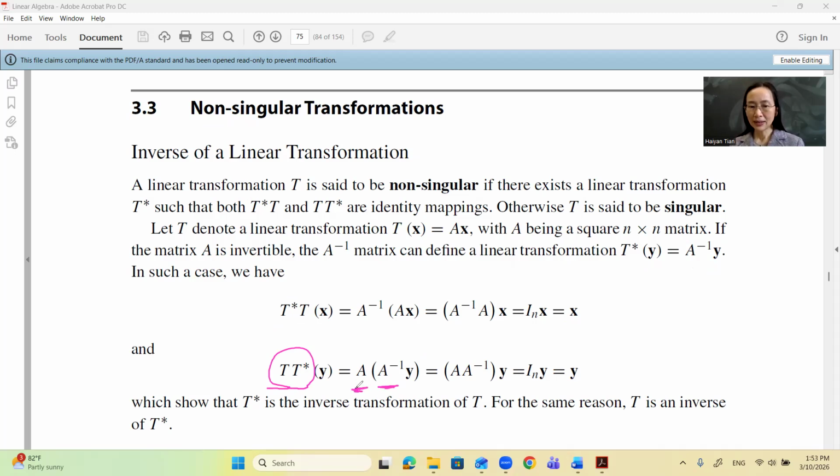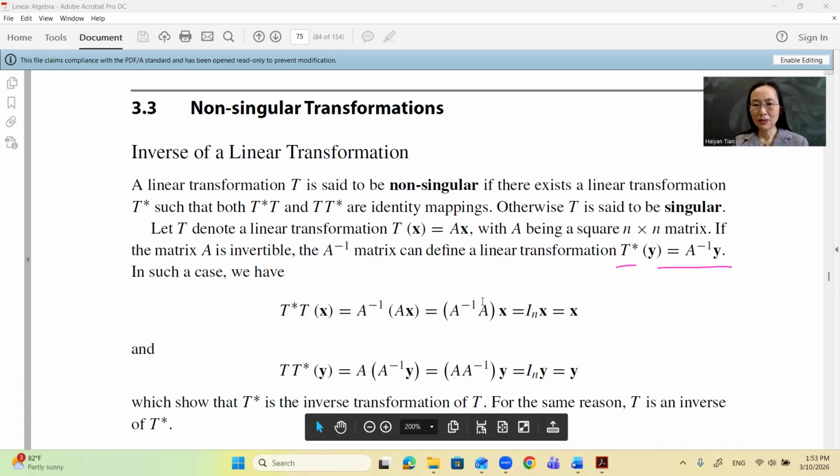Then T is A. So we can verify T star will be a transformation with the transformation matrix A inverse. So that's obviously an identity matrix. So therefore, this mapping is an identity mapping because an identity matrix corresponds to this mapping, TT star. So therefore, TT star is an identity mapping if T star is chosen as A inverse.